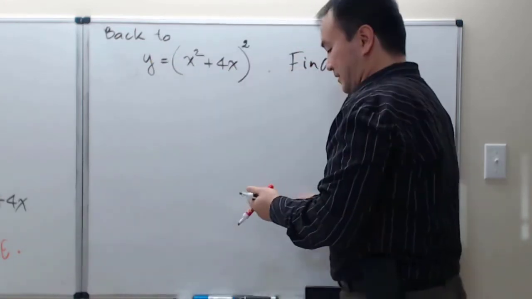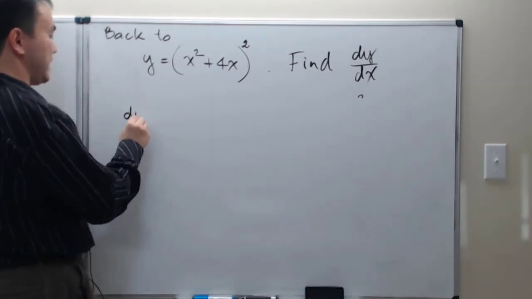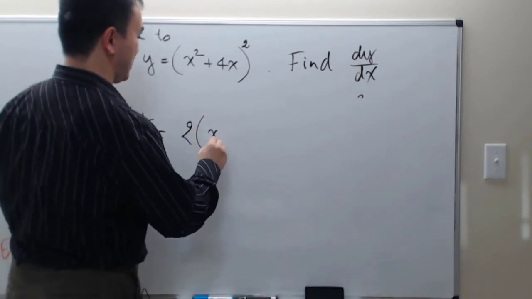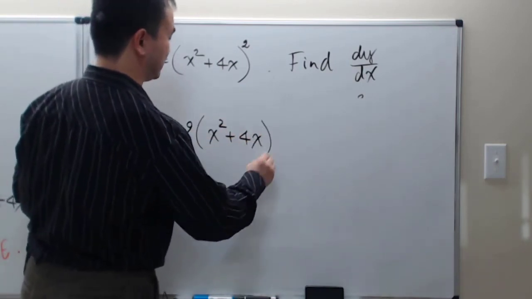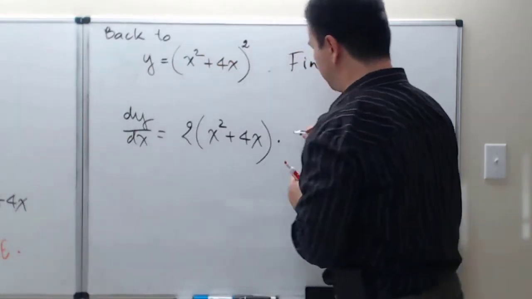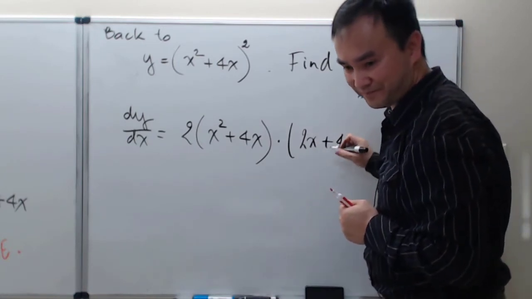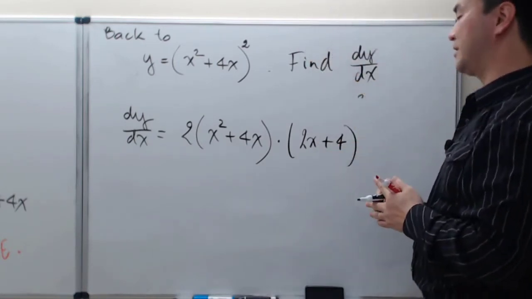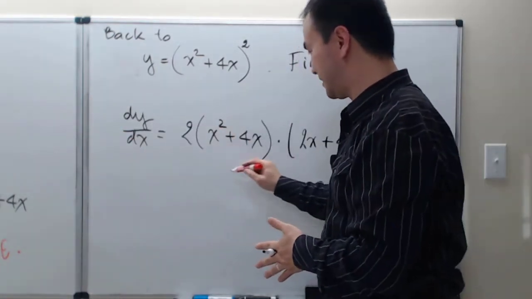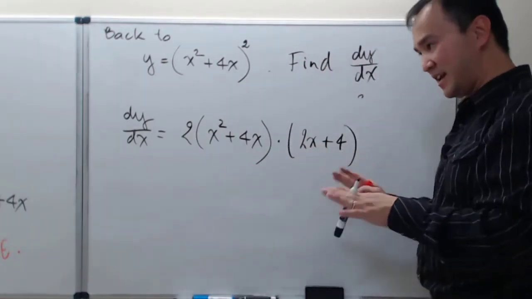On this board, the derivative we already found, dy dx in our problem, was 2 times (x squared plus 4x), all in parentheses, and then we multiply with the extra 2x plus 4. Earlier, when I was still on the other board, I was referring to this as the dy du, and this is the du dx. Just fine. Yes, that's correct.